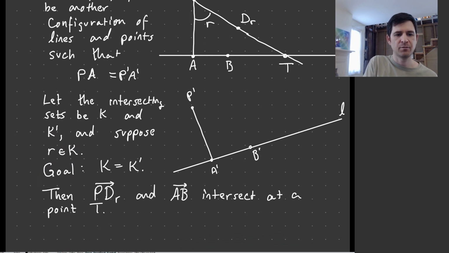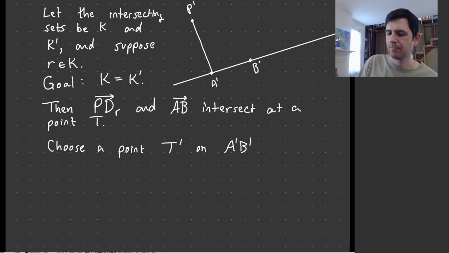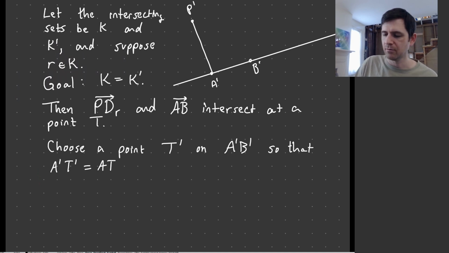Now we're going to choose a point T prime on A prime, B prime, so that A prime T prime equals AT.